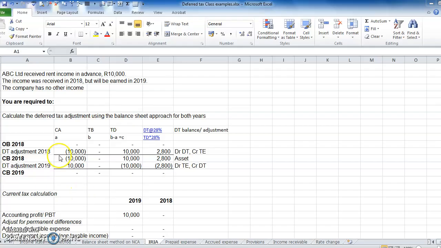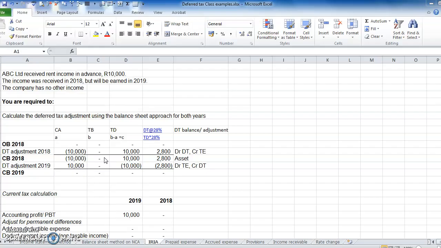At the beginning of 2018 we had nothing, and then at the closing balance we have a liability, so we put it in brackets over here: 10,000. Remember, our tax base is 0, because the tax base is calculated as the carrying amount minus the amount that won't be taxable in future.